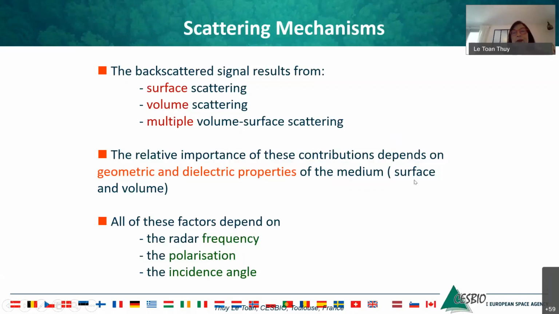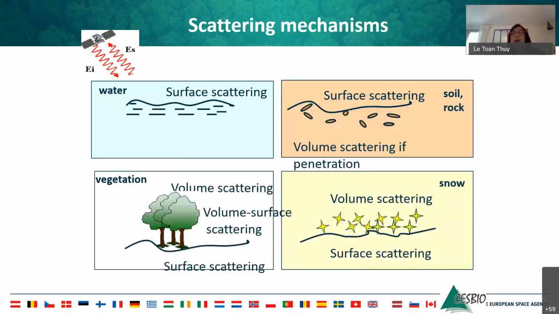The medium is the surface and also the volume of the earth, for example vegetation, snow, soil, etc. All of these factors depend on the radar frequency, polarization, and incidence angle, so they are mixed up and quite complex to understand when you want to retrieve some of the target properties.